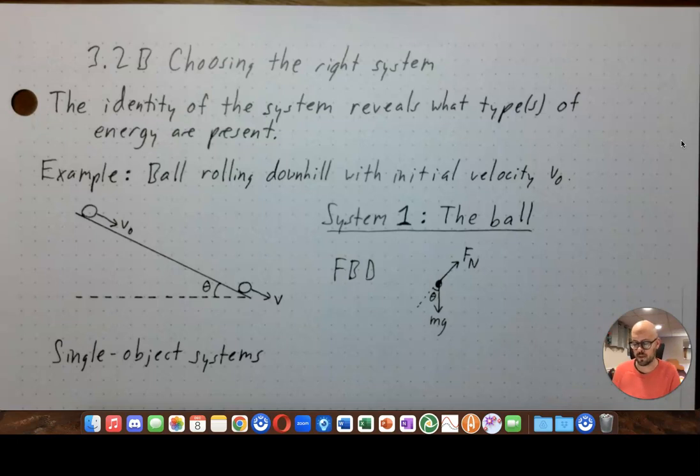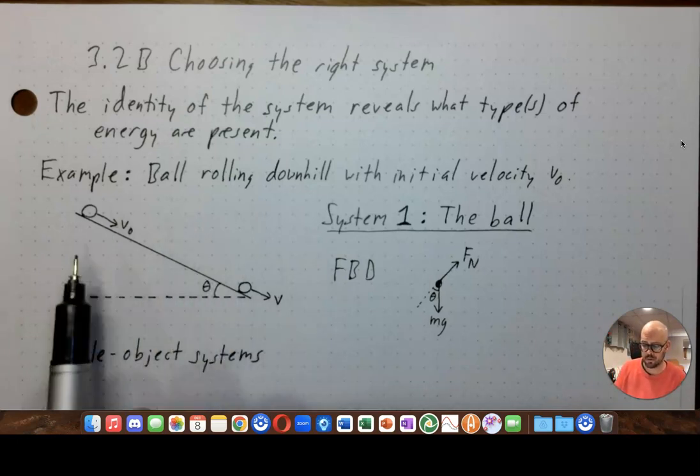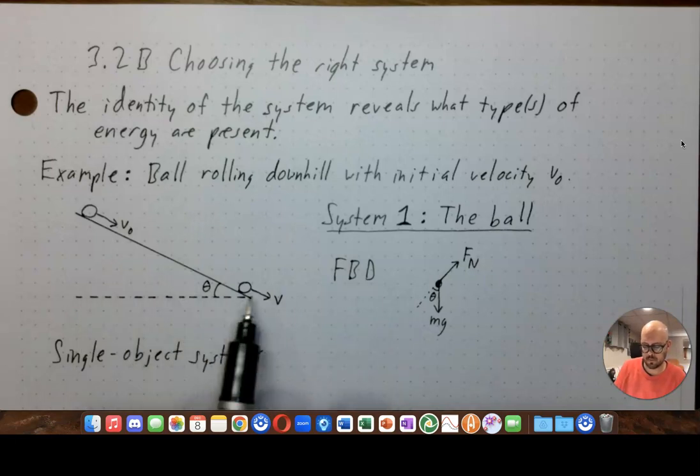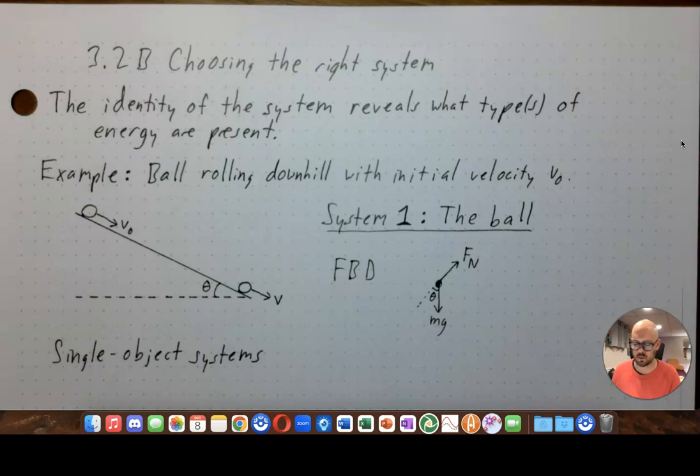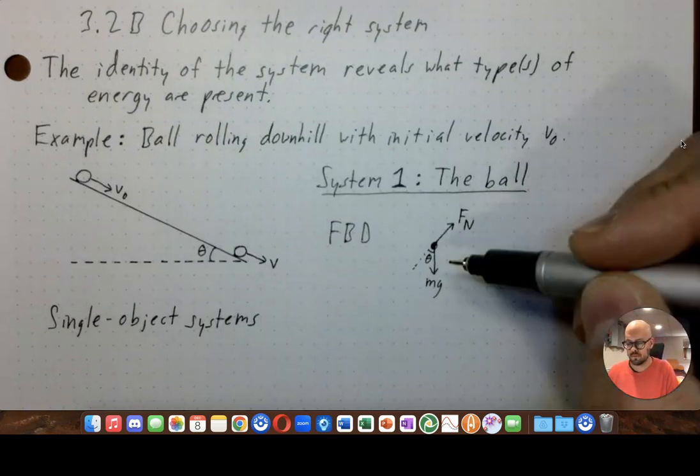So there we go. We'll examine a ball rolling down a hill with an initial velocity of v naught and a final velocity of v. The angle of incline is theta. So we start with a free body diagram because in order to apply conservation of energy, we have to verify that the system is closed. This one is not.